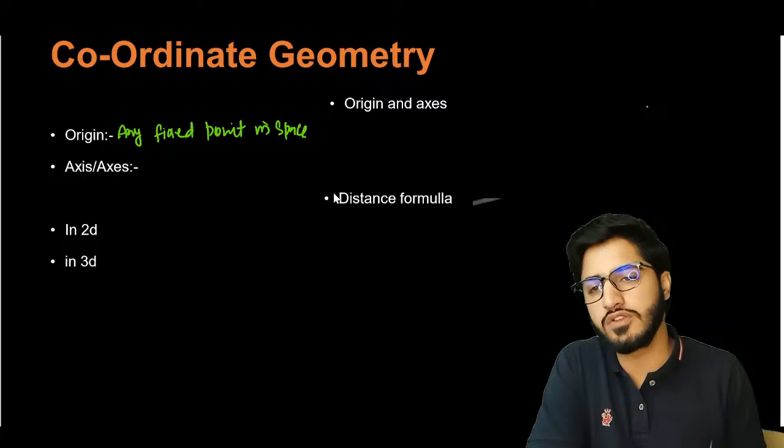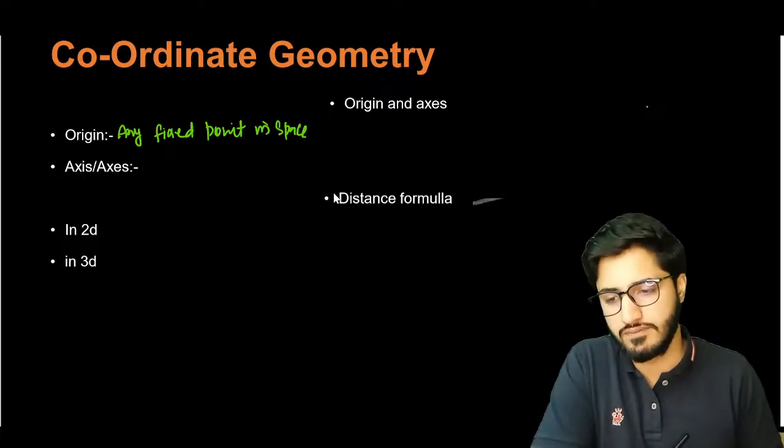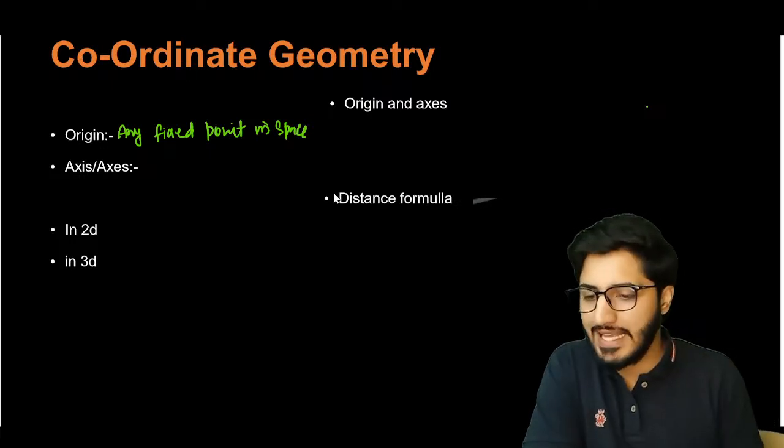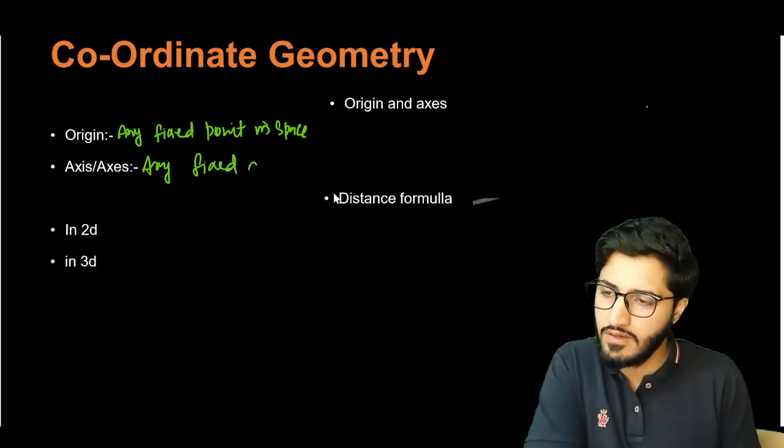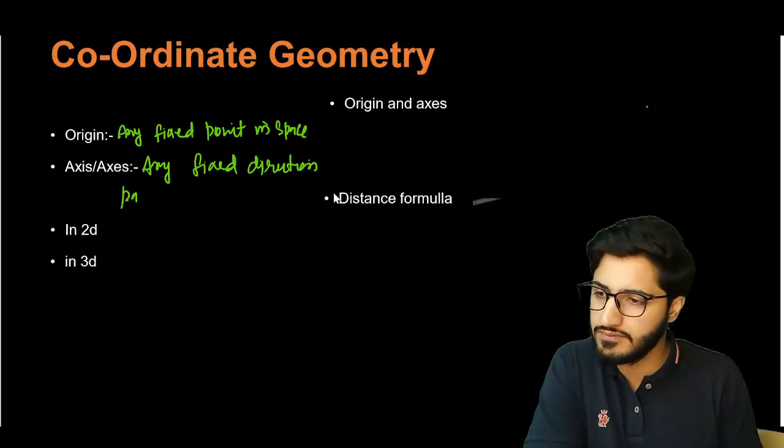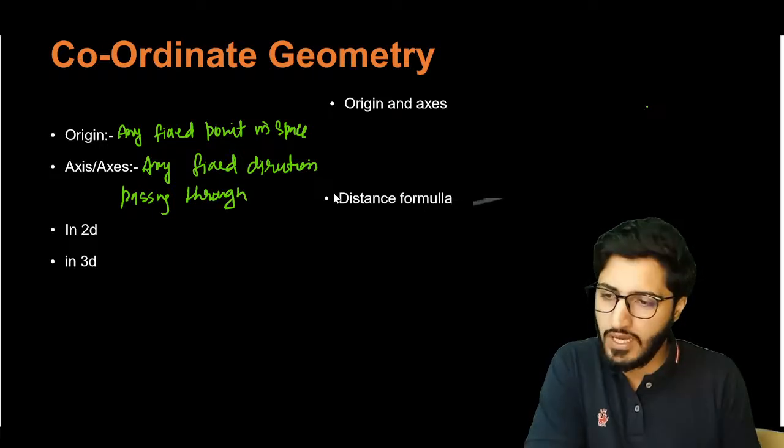If this is my space, this is my origin. So what is axis? It is any fixed direction passing through origin.